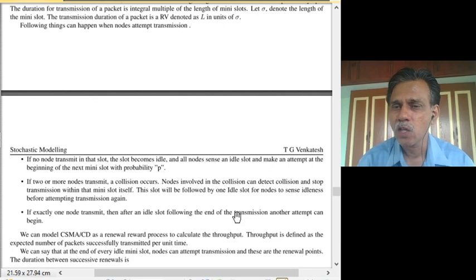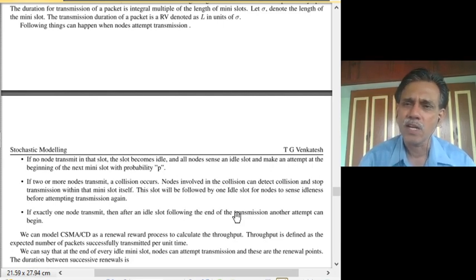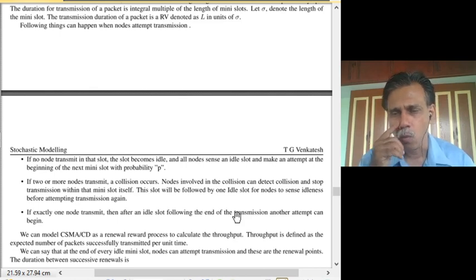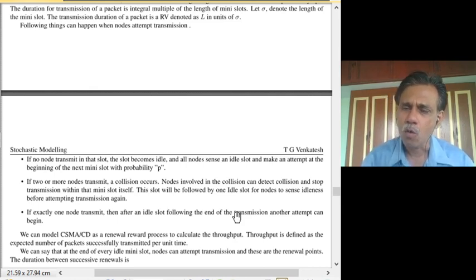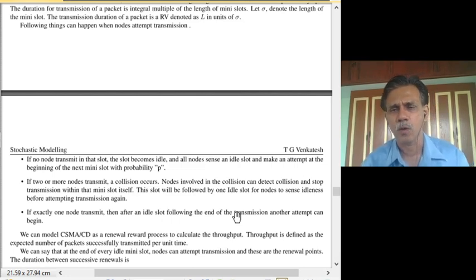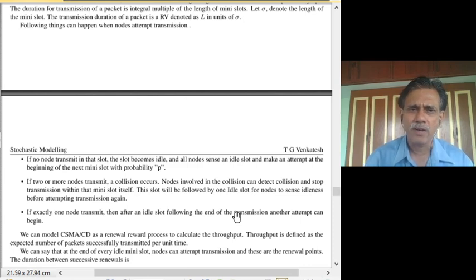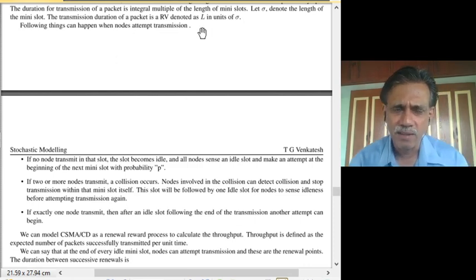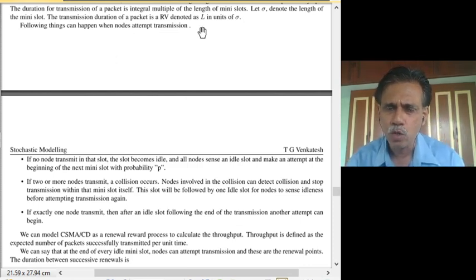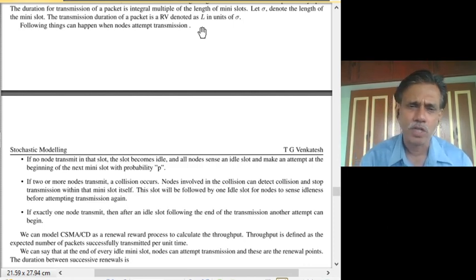Or no node transmits, which is nC0 P power 0 times (1 minus P) power n, and so on. That way, 1 minus the probability of 0 or 1 node transmitting is the probability of 2 or more nodes transmitting. Everything can be figured out. And the expected duration E[L] can be used to predict the future evolution and so on.